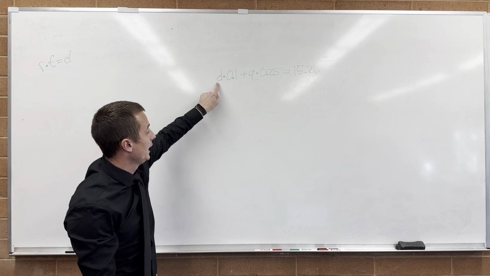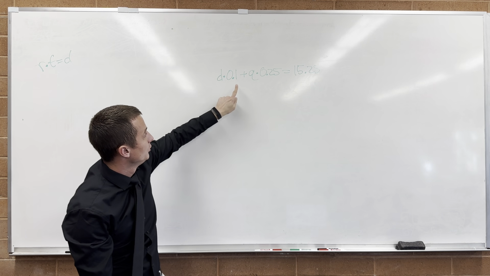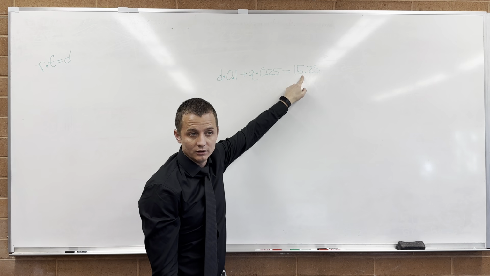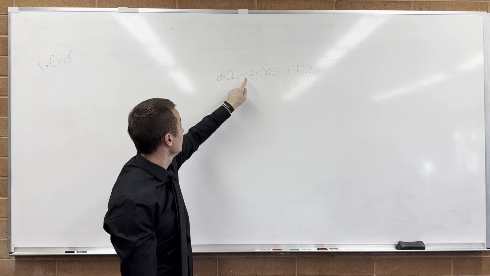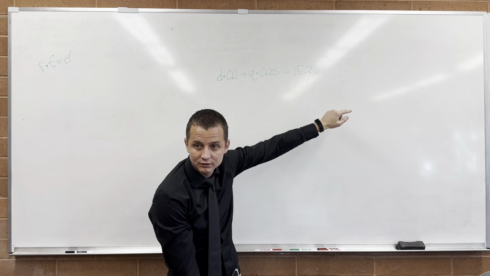Each dime I have is worth 10 cents. Each quarter I have is worth 25 cents. Their total value is $15.25.